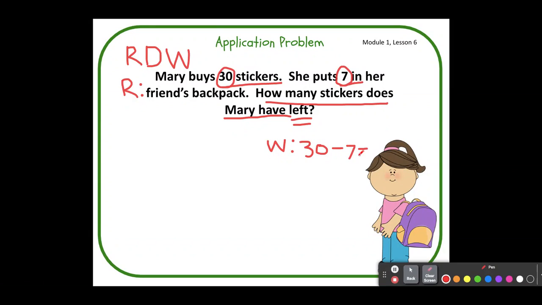Now, I know that you can use your quick tens and circles to solve this, but today's goal is to build your number sense, and that's going to be very important for you in the future. So what we're going to do is write this again, and we're going to break apart the number 30 by making one part a 10.